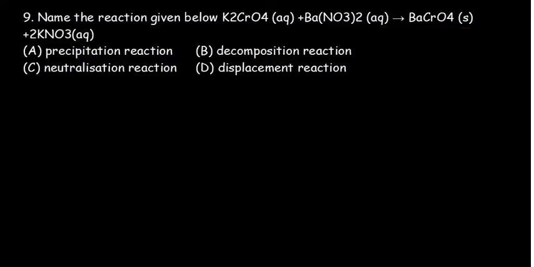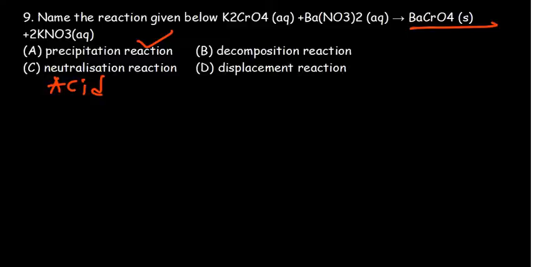So in this case, this is a precipitation reaction because of that solid formed. For neutralization, this is a case where you've got an acid reacting with a base. For example, sodium hydroxide and hydrochloric acid. That's an example of a neutralization reaction.